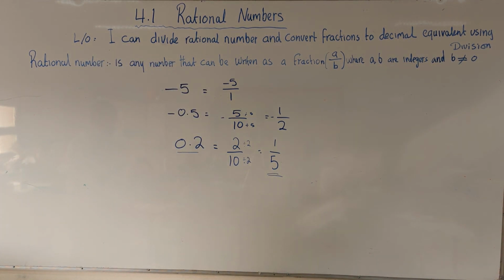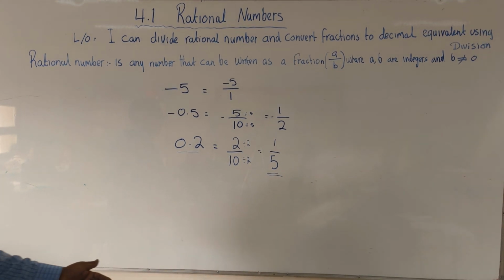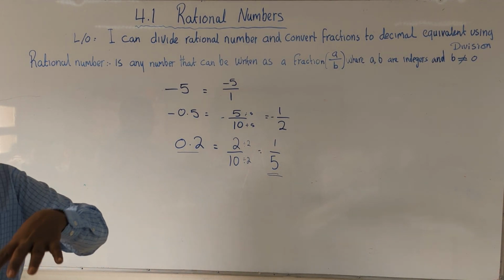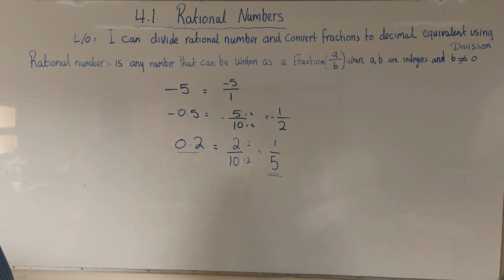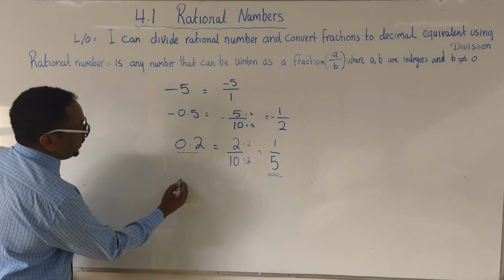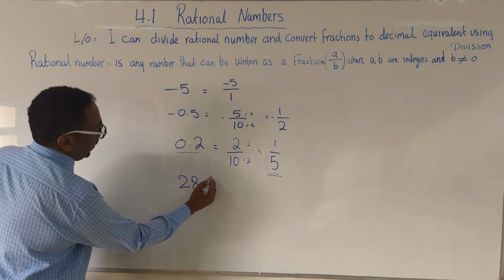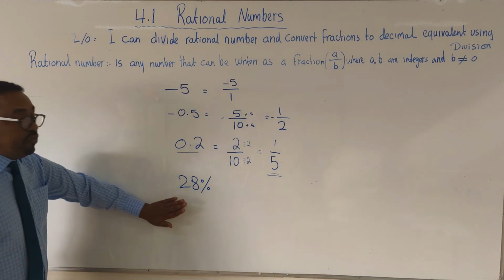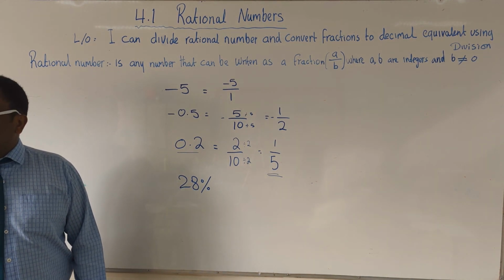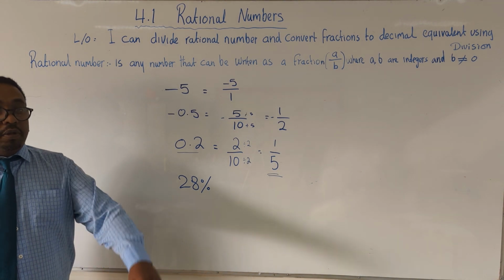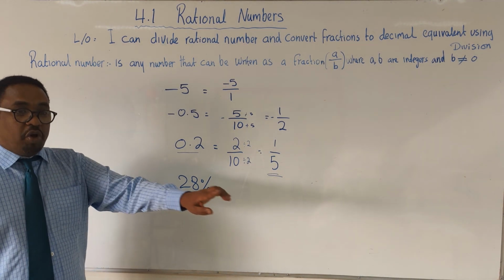Okay, let's do just one more example. We can also change a percentage into a decimal and then into a fraction. So if I give you 28%, how many of you can change this into a fraction?